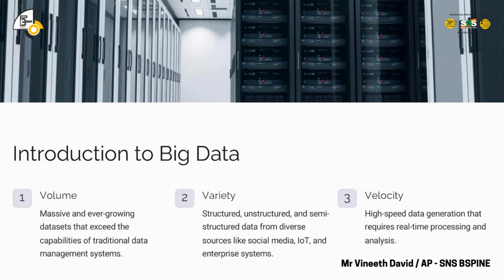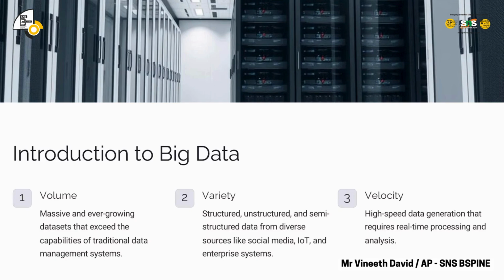The data characteristics are volume, velocity, variety and variability, often referred to as the 4Vs. So what is volume? The sheer amount of data generated, in a staggering range of terabytes to petabytes of data created every day.